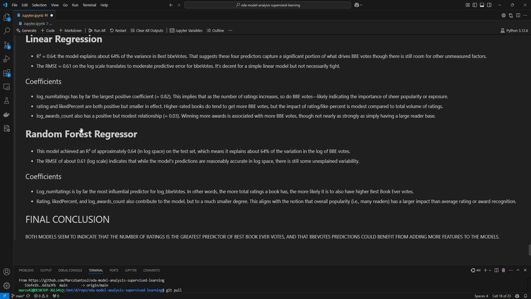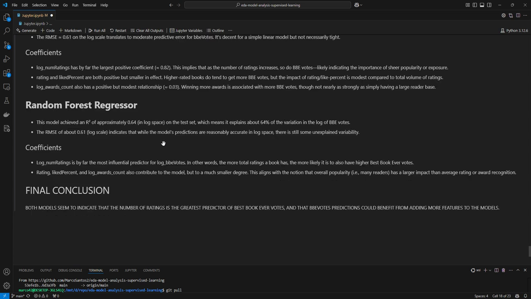For the coefficients, we have number of ratings with by far the largest positive coefficient, as we saw before. Rating and like percent are both positive, but smaller in effect. And then, as we saw, award counts has a very modest positive relationship. So, 0.03 is nothing to write home about.